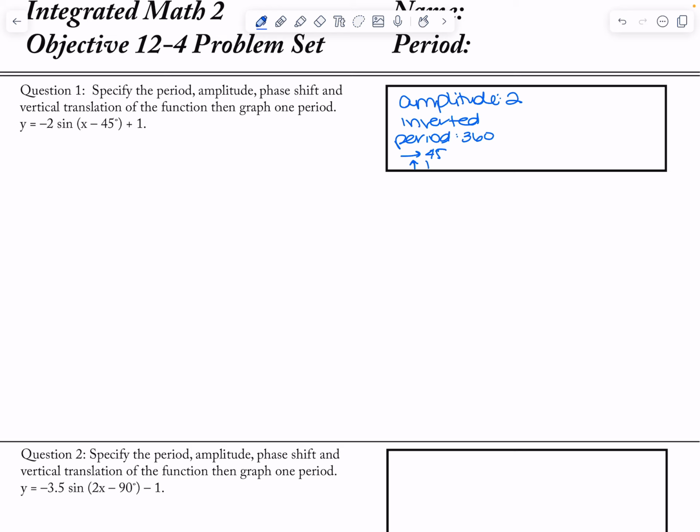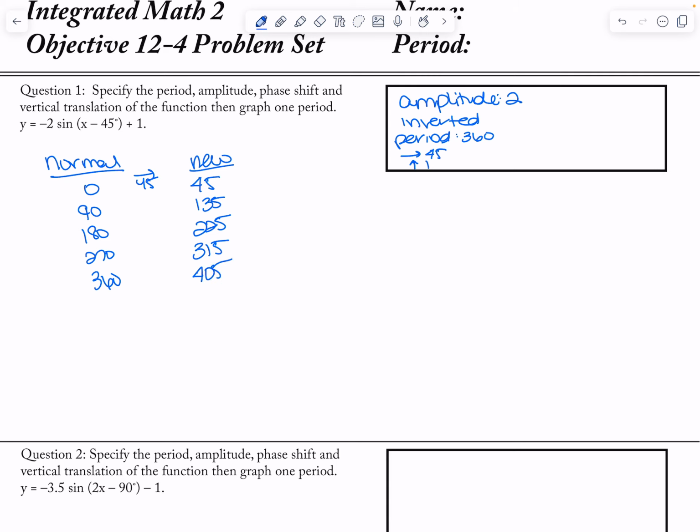Okay, so my normal values are 0, 90, 180, 270, 360. I'm going to the right by 45, so I need to add 45 to everybody. So 45, 135, 225, 315, and 405.